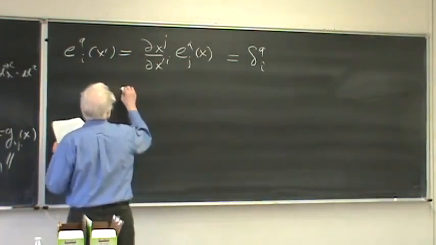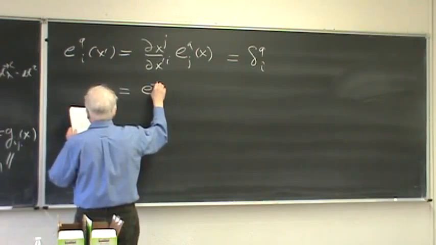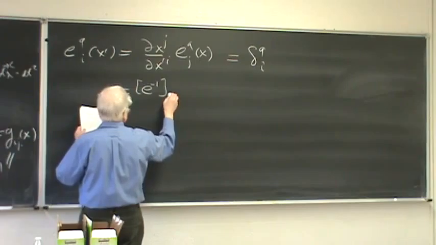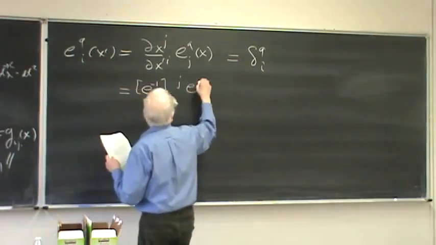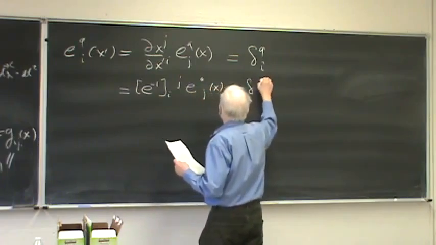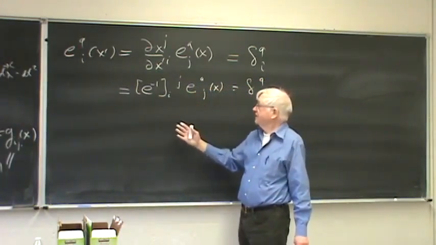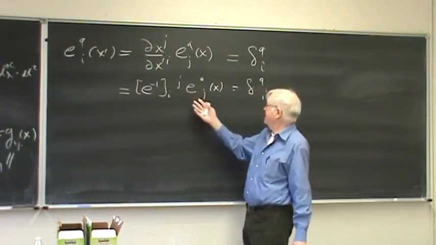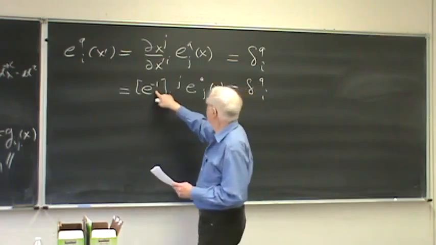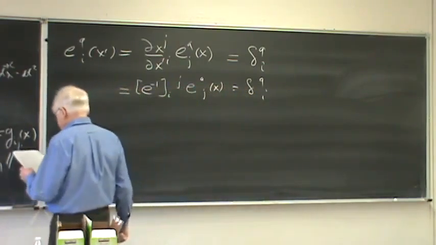We just call this E inverse ij. Well, obviously, if we think of this as a matrix, then E inverse E gives you the identity. And so this thing is just the identity of that matrix, the inverse of that matrix.